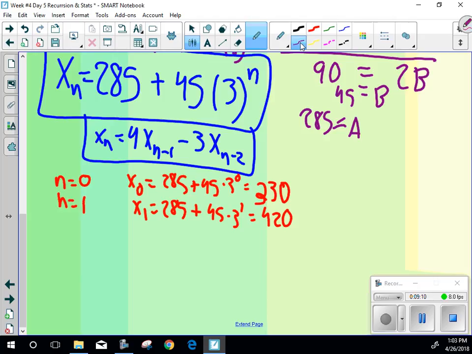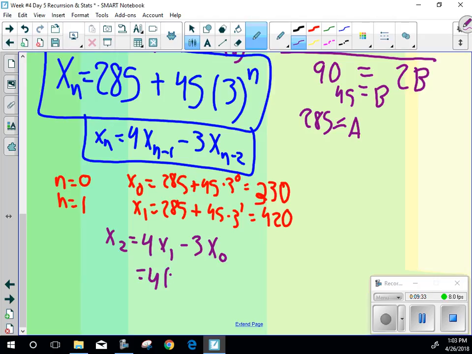Well, we do, because now what we're going to do is check this against x of 2, which is going to be 4 times x1 minus 3 times x0.